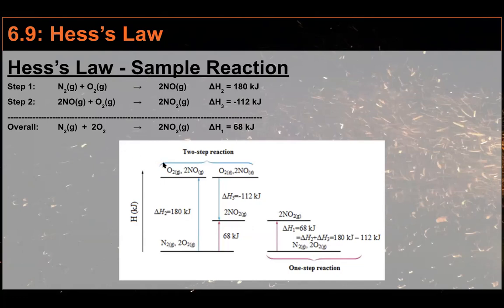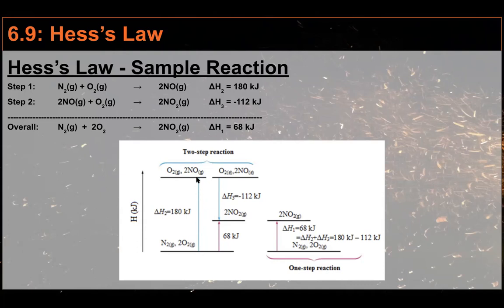Now, let's take a look at the example that we looked at before. So our first step, second step for the N2 plus 2O2 yielding 2NO2. So if we put this in a little schematic here, we can look at it in terms of those steps. So delta H2, 180 kilojoules, that's our first step. Well, that is going to require energy, so we're putting energy in.